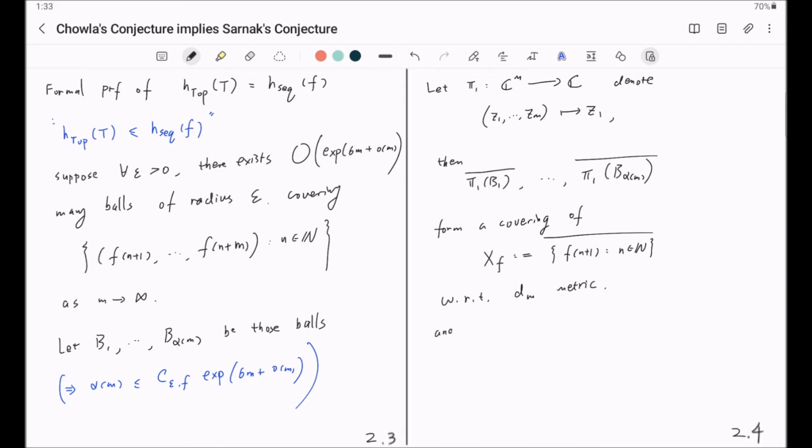And if you look at the covering number curve N_m(2 epsilon, T), here we use 2 epsilon because radius epsilon corresponds to the diameter 2 epsilon.